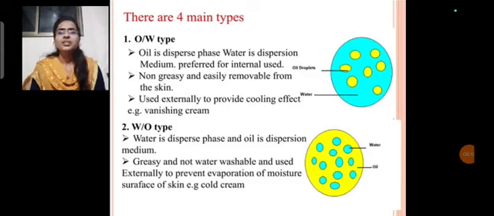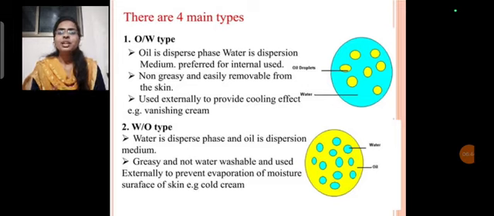Next one is the W/O type of emulsion, in which water is present in the disperse phase and oil is present as the dispersion medium, also called the continuous phase. In W/O type of emulsion, oil is present in large quantity.